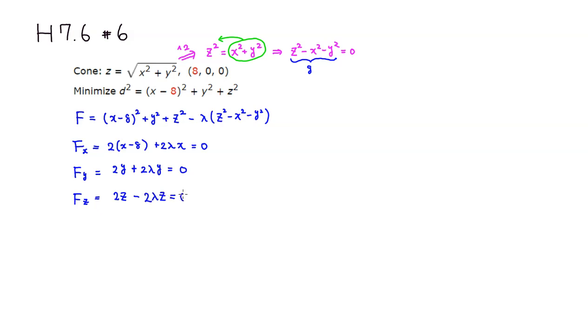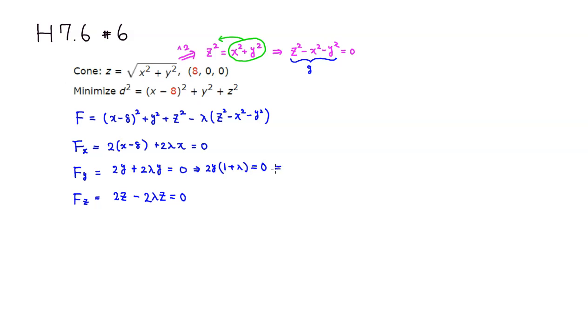Set that equal to 0. You can see that I'm going to factor out the 2y. So it's 2y times 1 plus lambda equal to 0.